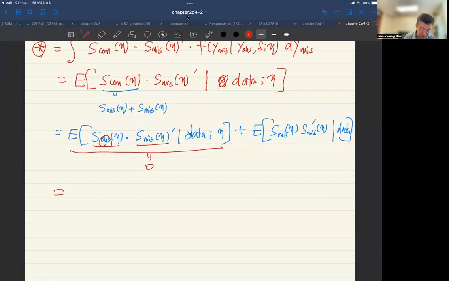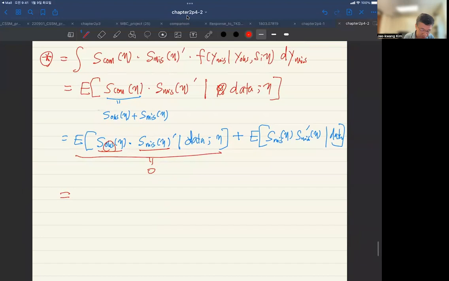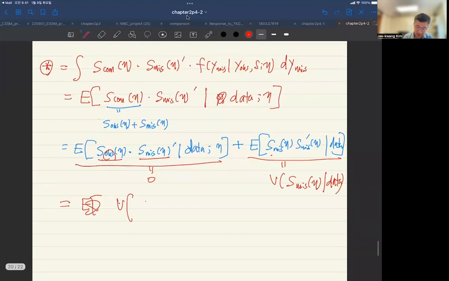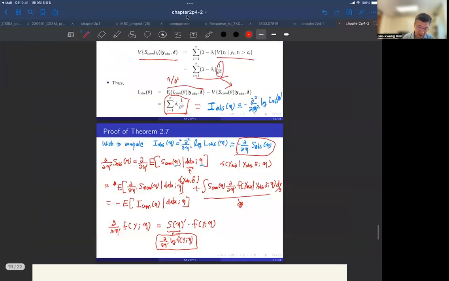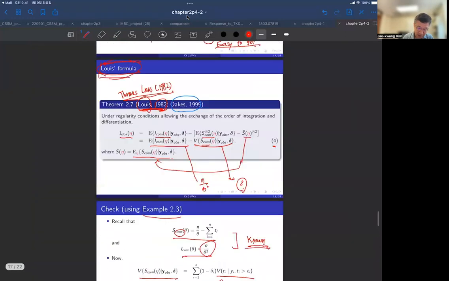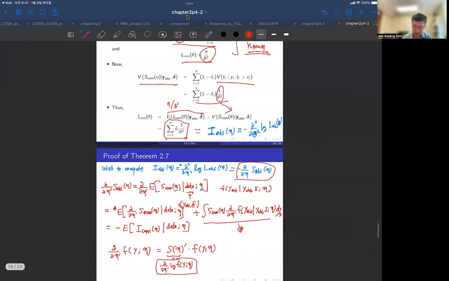That is actually the conditional variance.